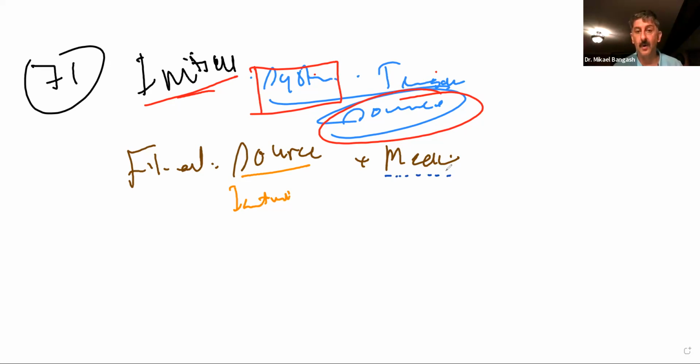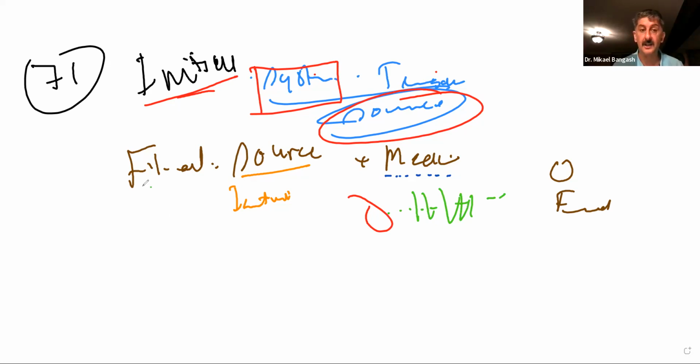So what do we end up with here as a final? It's going to be determined by our initial power, intensity or amplitude, which is determined by the source. But it's also going to be dependent upon what happens to it as it travels through the medium.